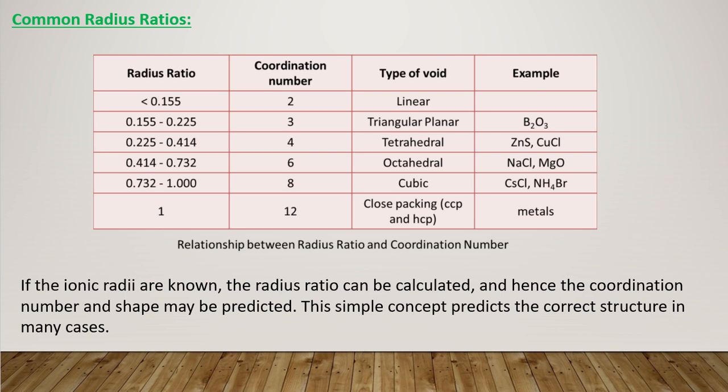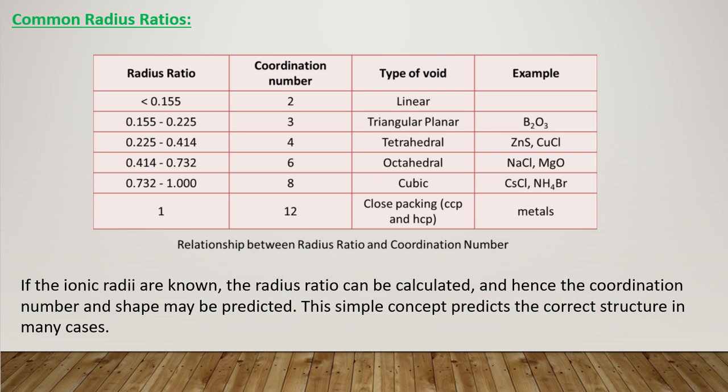If the radius ratio is exactly 1, then the coordination number will be 12 and we see a close-packed structure, a cubic type close packing. It is commonly found in metals. These are some common radius ratios.